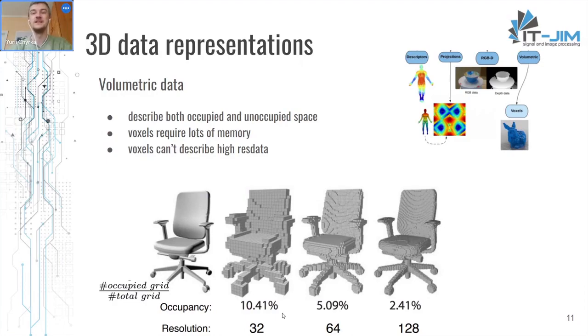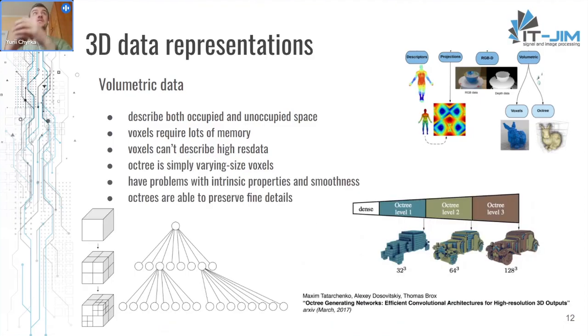So that's why these voxels are not very descriptive, and as you can see on the image below, the resolution in one dimension isn't too high. In this example, it is only 128 voxels.